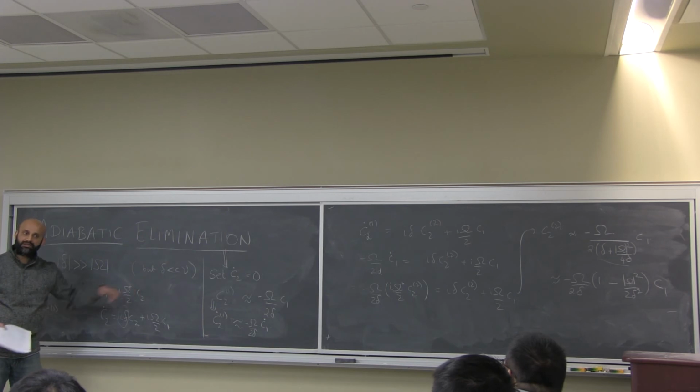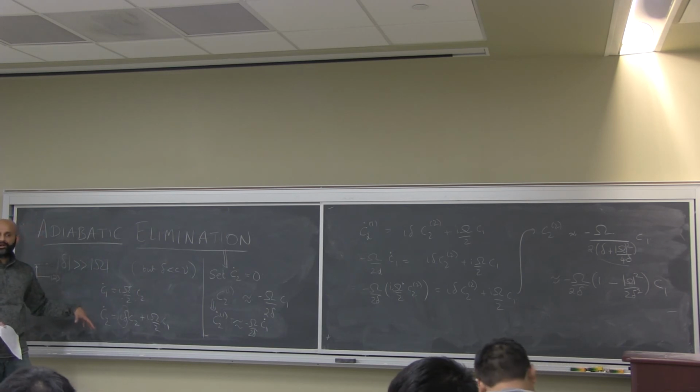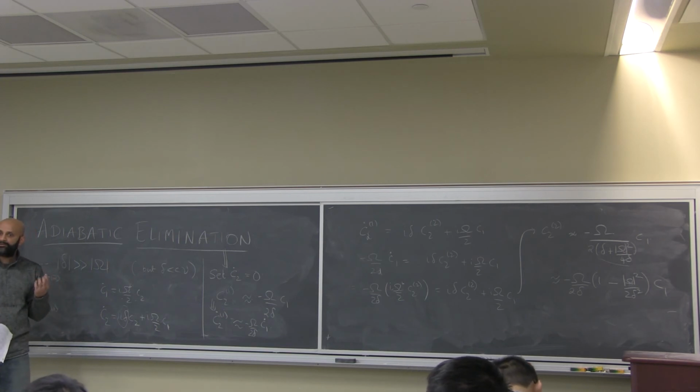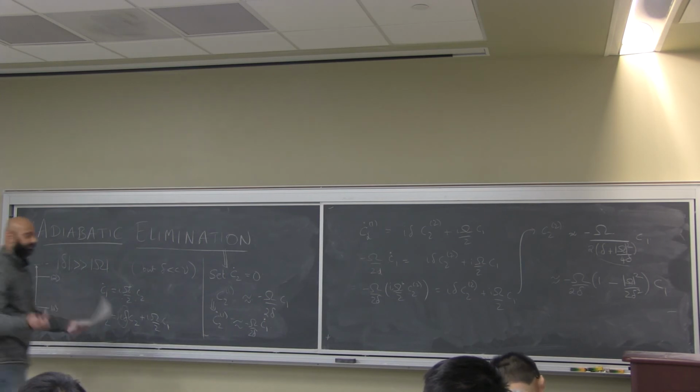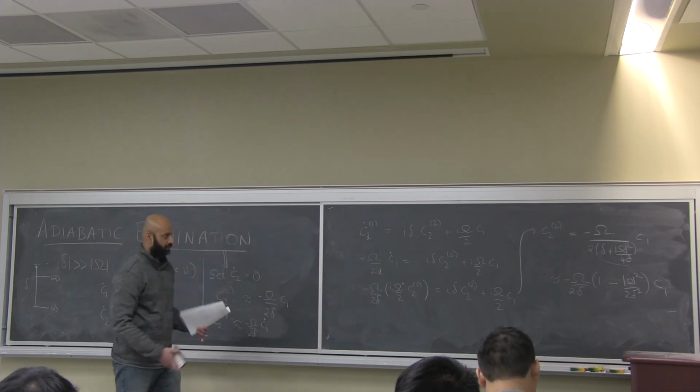We want to concentrate on that and not worry too much about what is going on with this large phase delta. So we're going to coarse grain the evolution on some time scale tau, which is much larger than 1 over delta. This is the physics or the intuition for this adiabatic elimination procedure, and we can prove it formally in a very similar way to how we prove the rotating wave approximation.